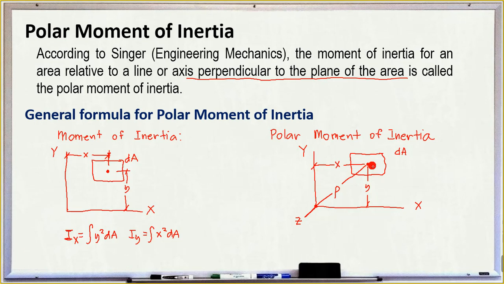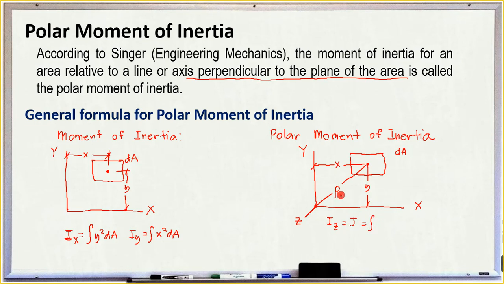Using this illustration, we can say that the moment of inertia along the z, or what we can call the polar moment of inertia, which some books denote with J, is equal to the integral of its distance.